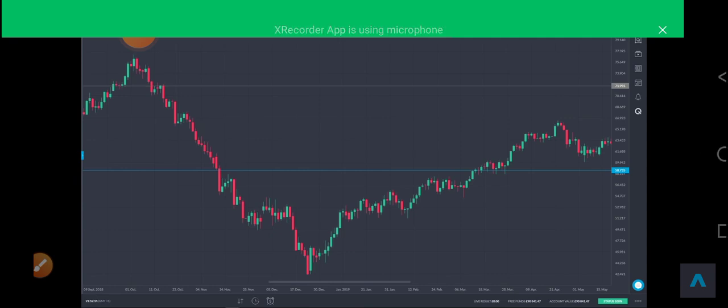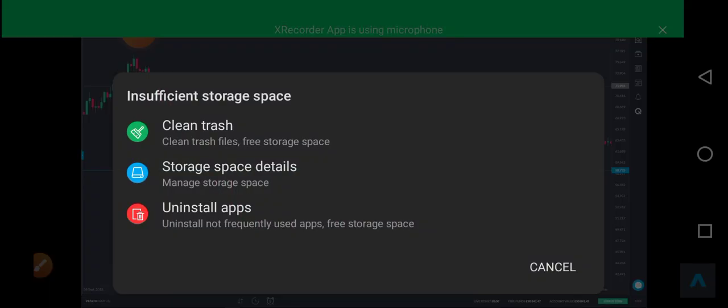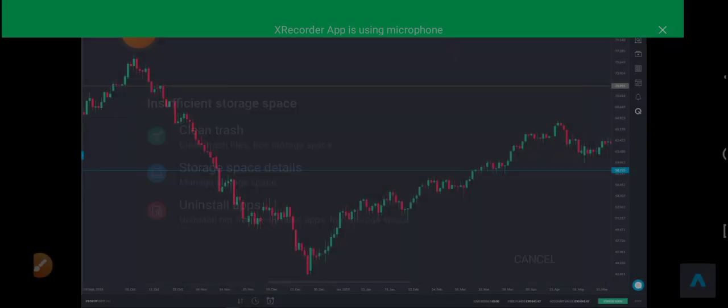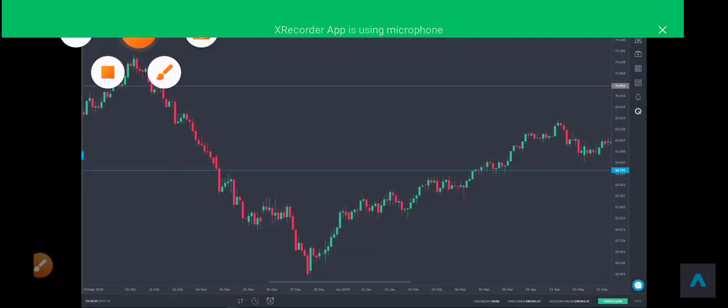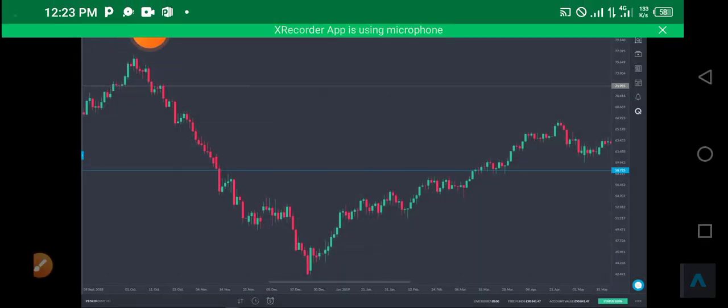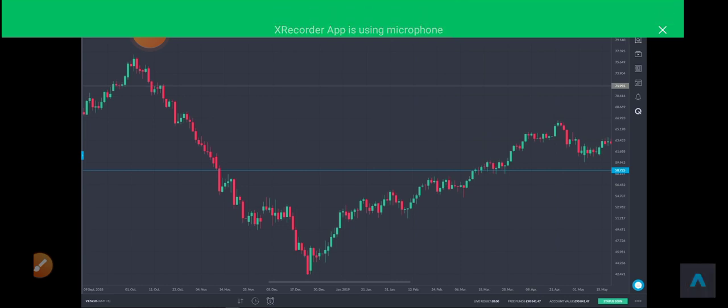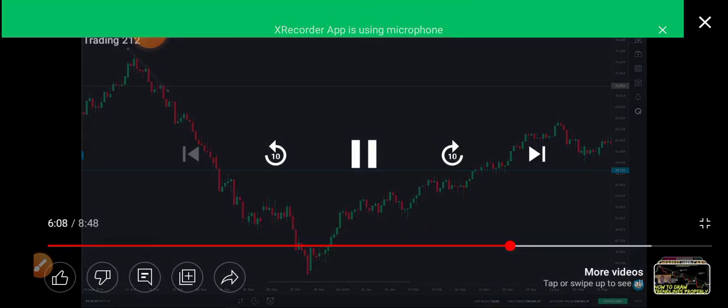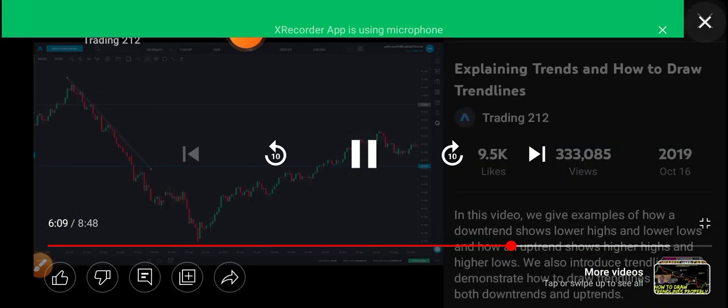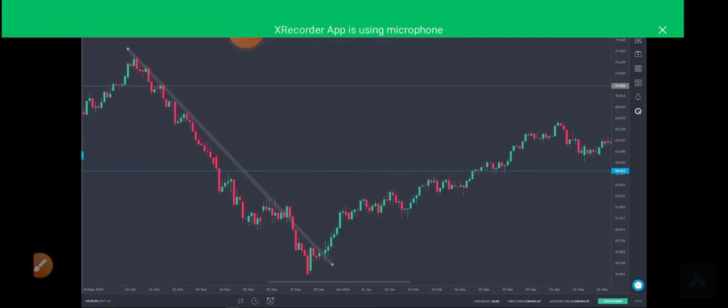So for the downtrend on the left, we'd be looking to join the peaks. Now, this isn't a precise science. In fact, you could say it's more of an art than a science. But if I was to start with these first few peaks up here, and then draw my line through here, from this I might be able to infer some things about what's going on as the trend develops.